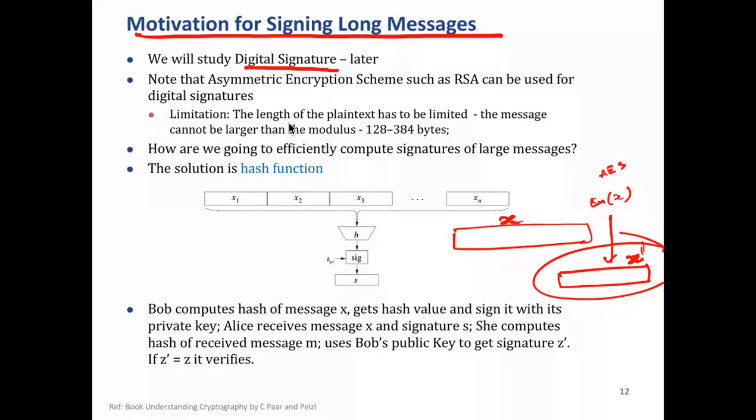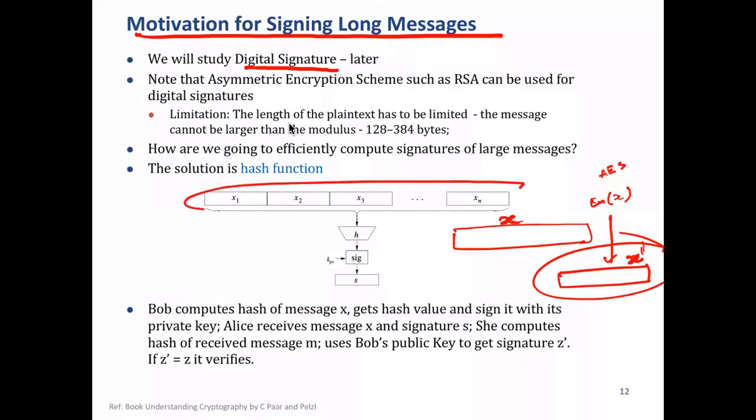But if the signature of a 100-page lease document is also 100 pages, that's not what we call a signature. When we encrypt a message and want to use it as signature, it is as big as the message, and that's not acceptable. So we have to compress that message because we want to reduce the size.